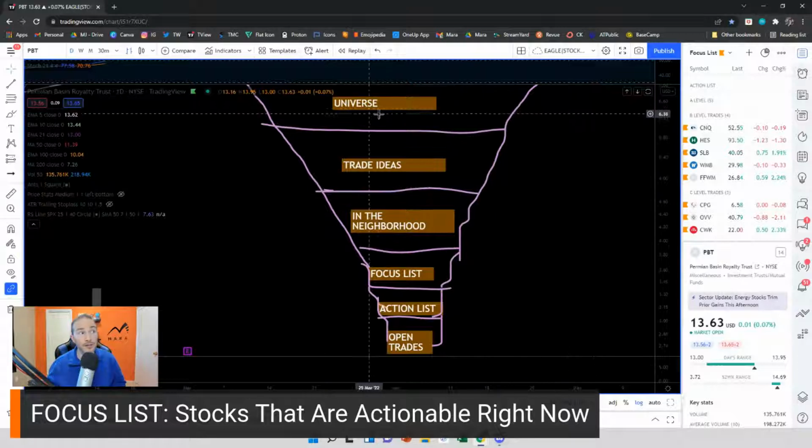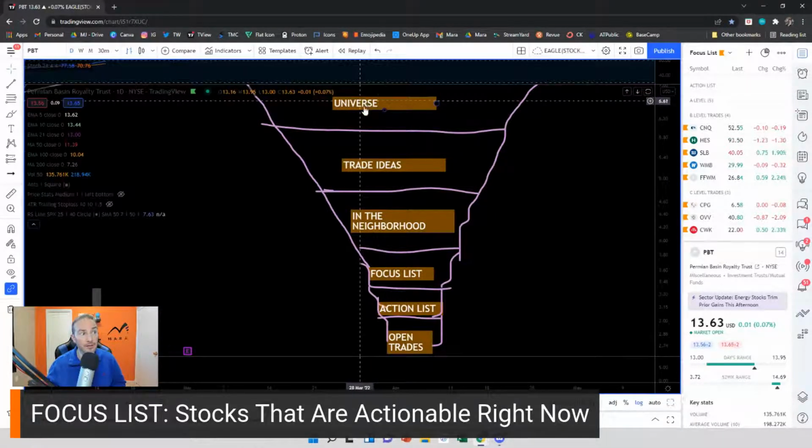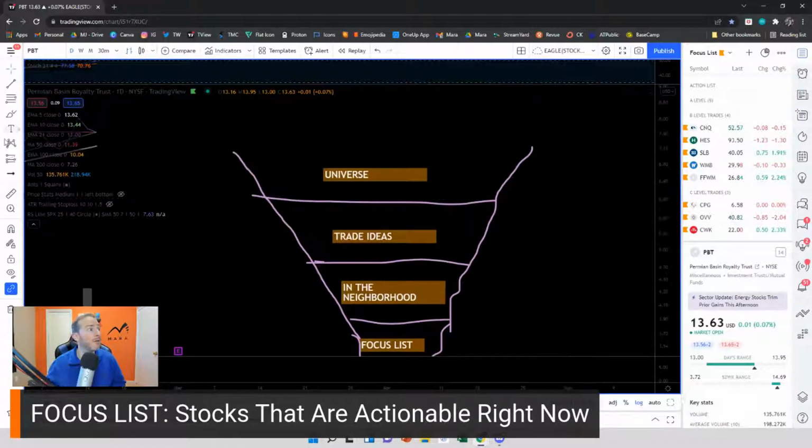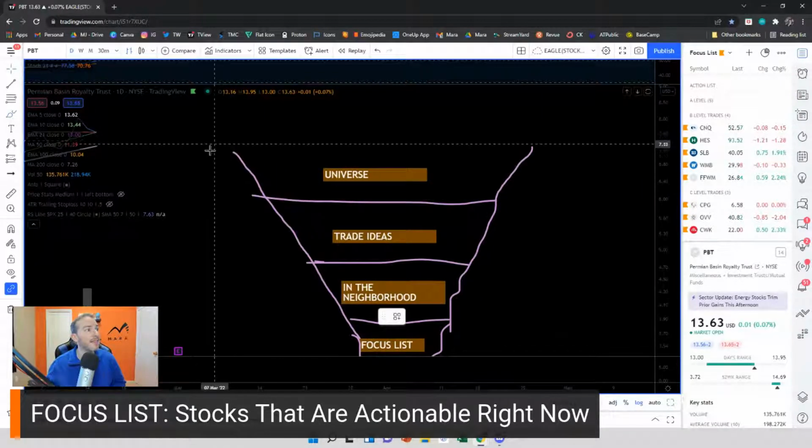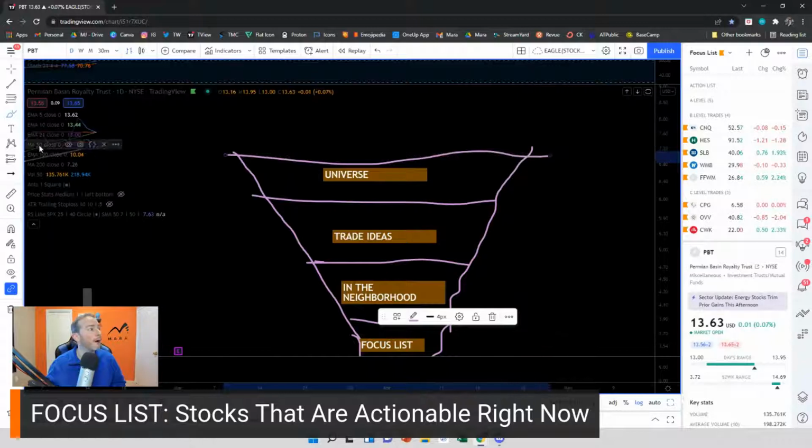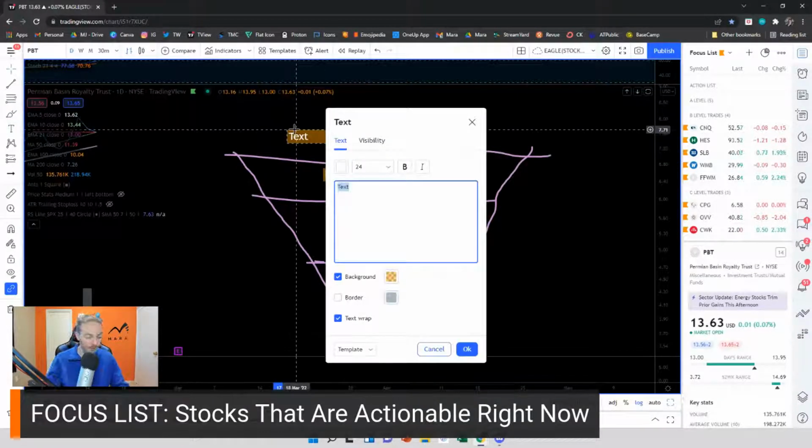So this is basically the funnel, right? It takes a lot, and even above the universe, right? So this is my universe. Way up here is the full stock market, right? So 10K plus stocks.